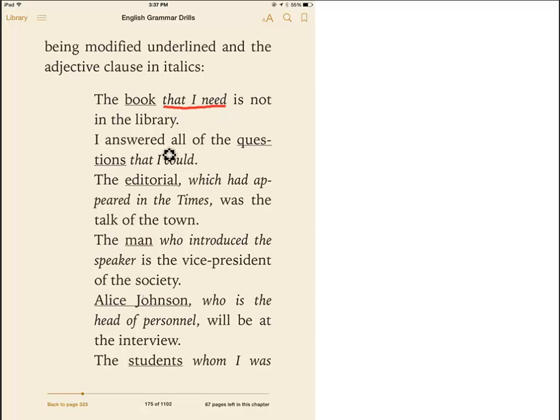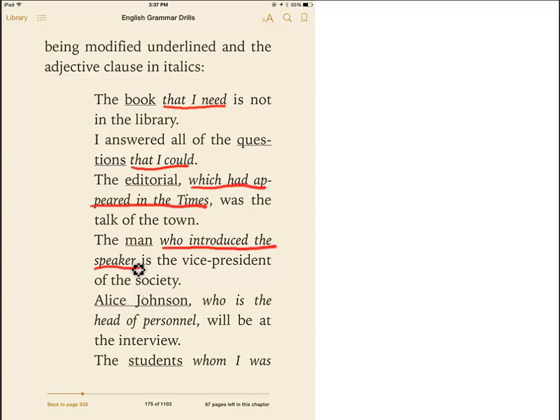I answered all of the questions that I could. The editorial which had appeared in the Times was the talk of the town. The man who introduced the speaker. Okay, so let's take a look at these and what makes them clauses and not phrases.